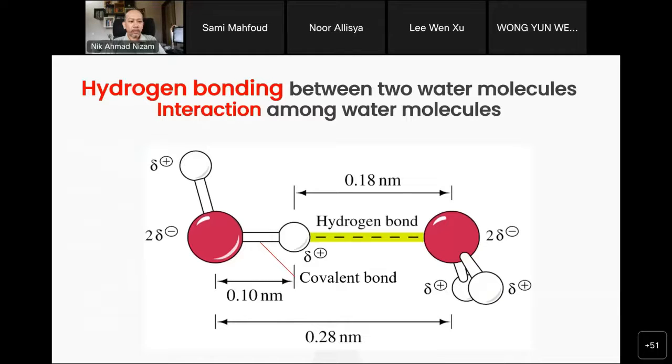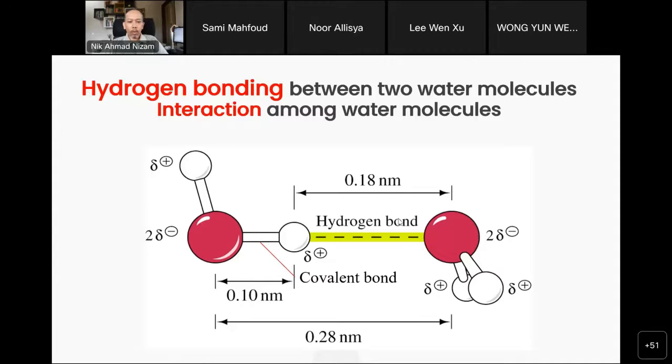Okay. So the polarity is based on the interaction between the atoms, oxygen and also hydrogen. So that's actually inside the molecule. There is one more thing that is important for water molecules, which is the interaction among water molecules. We have one water molecule here. It consists of hydrogen and also oxygen, and it can have hydrogen bonding with another water molecule.